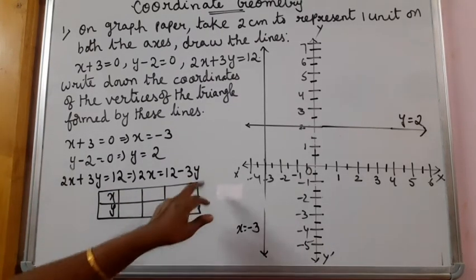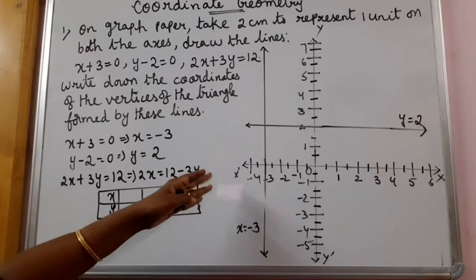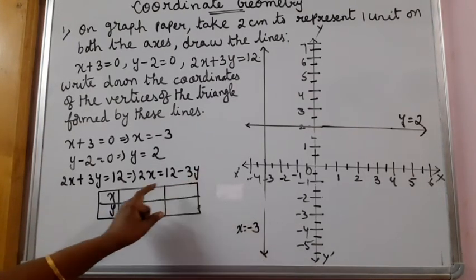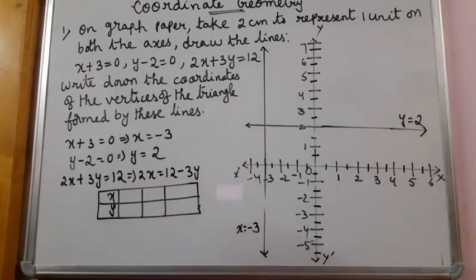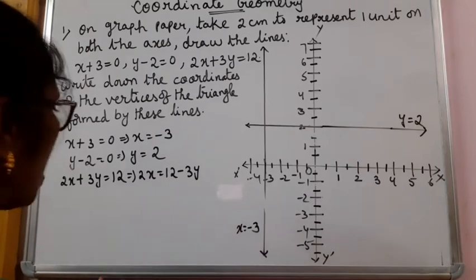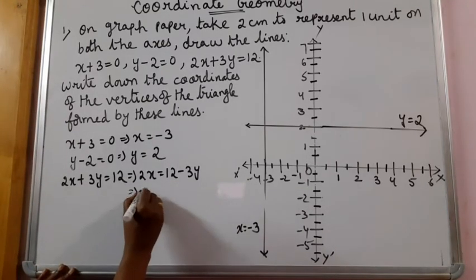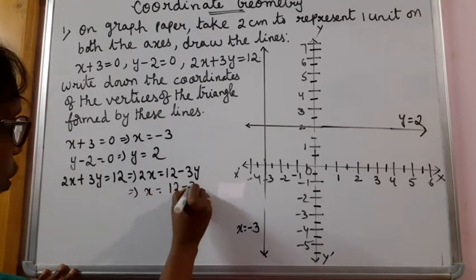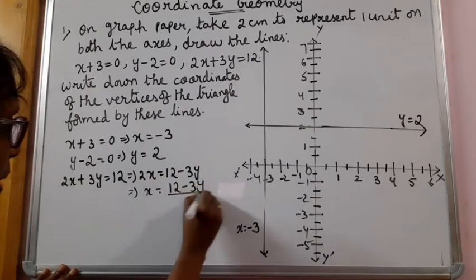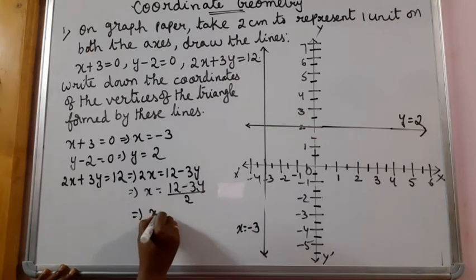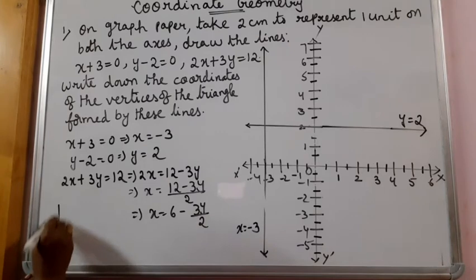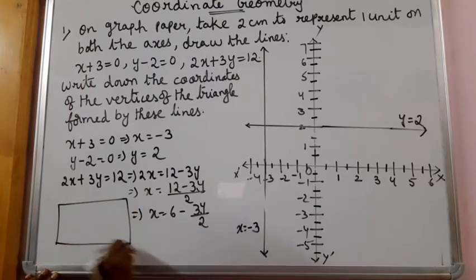Just let us think, if y is equal to 2, what happens? 2x is equal to 12 minus 3y, so x is equal to 12 by 2 minus 3y by 2. That means x is equal to 6 minus 3y by 2. Now let me make a table.